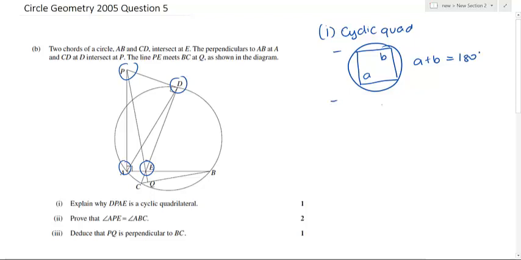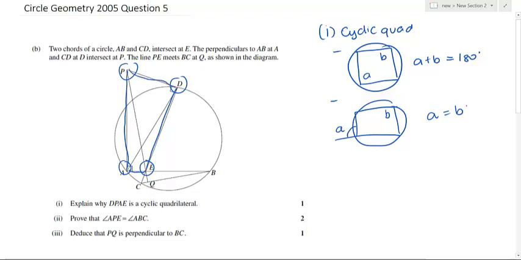Another property is if I extend one of the sides in our cyclic quad, the exterior angle, the angle on the outside, is equal to the interior angle. So in this case, A equals B. We should look at our quad right here and prove it's a cyclic quad to see if it has any of those properties.